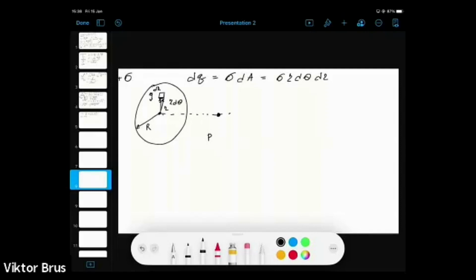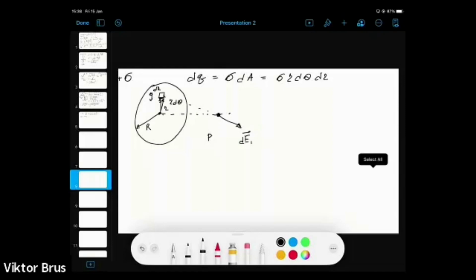So now let us consider the electric field which will be created by this small element. We have this line along which it's positive, so it will be directed away from the charge. This is our E, let's call it dE1 vector.